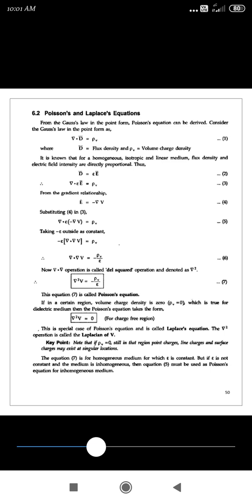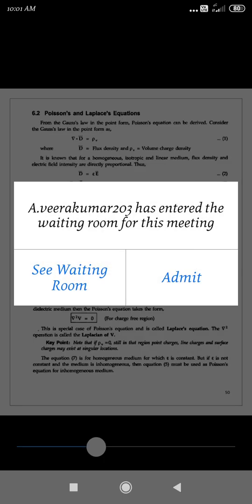This is a special case of Poisson's equation, and it is called the Laplace equation. Simply put, from Poisson's equation, keeping the right side value as zero gives the Laplace equation.